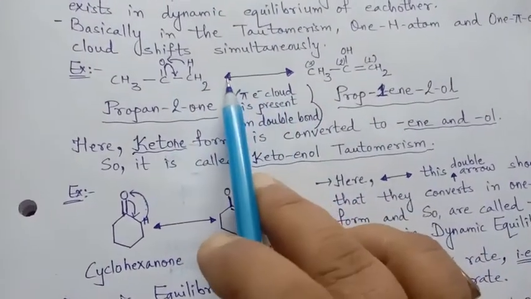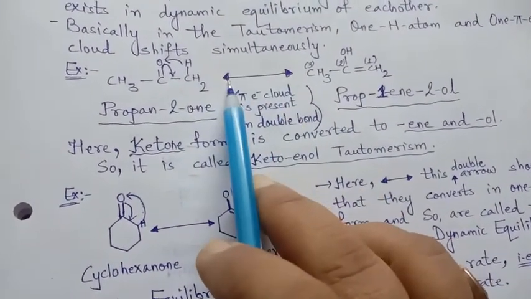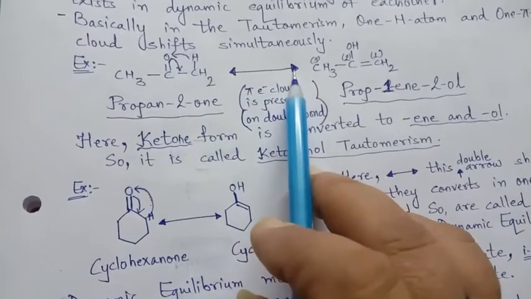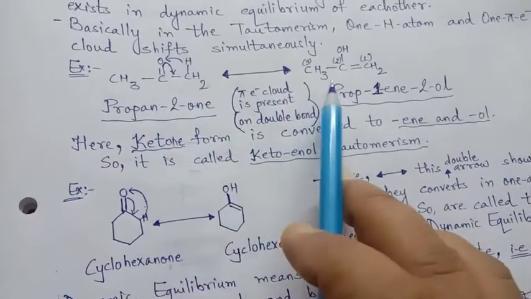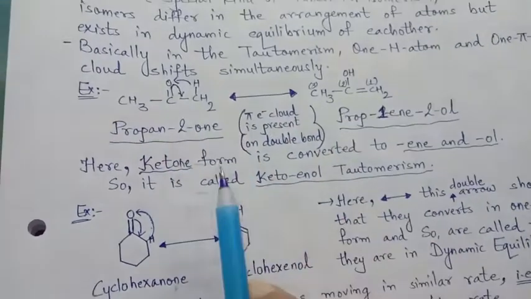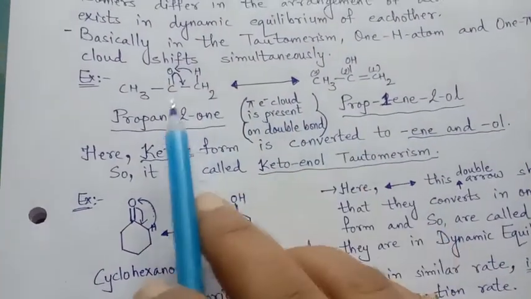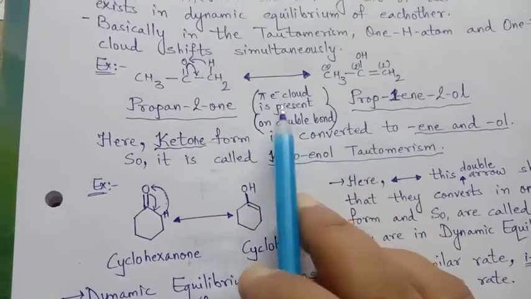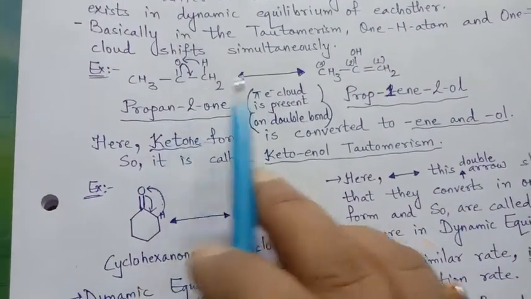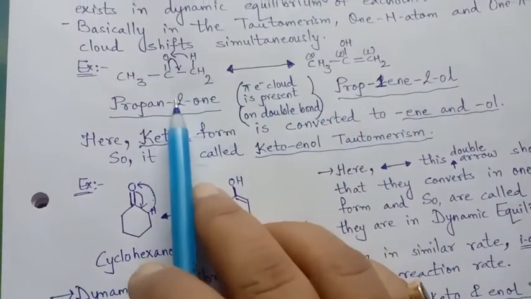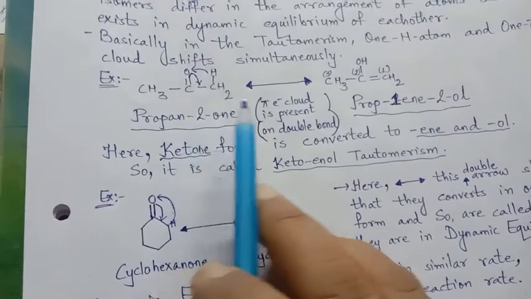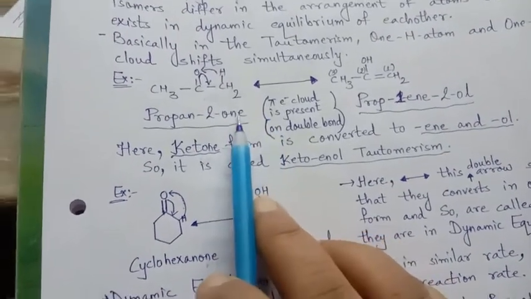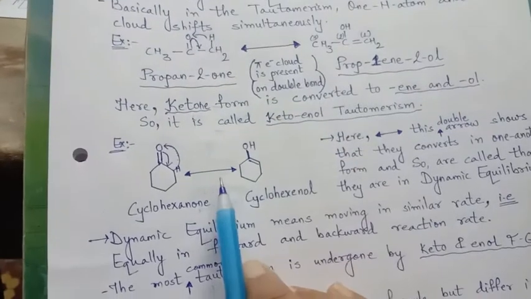So here I have shown a double-headed arrow. It means both are in dynamic equilibrium with each other. Both can convert from one form to another, and their forward and backward rates remain equal, and that is why they are called dynamic equilibrium.